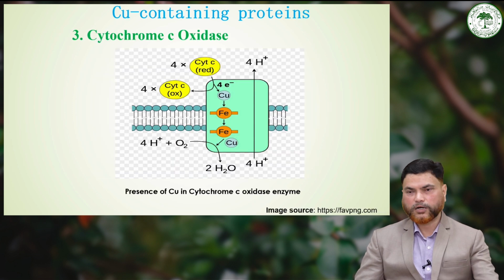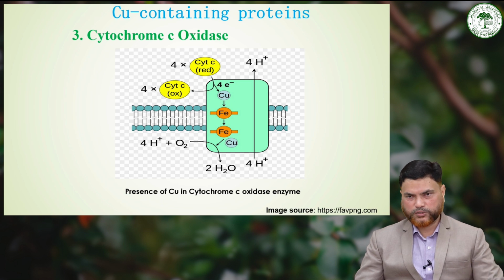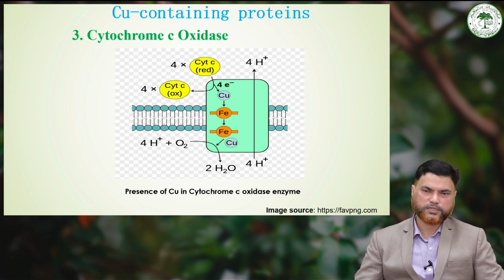Now, another copper containing protein is cytochrome C oxidase. We have discussed it in detail. This cytochrome C oxidase is a large integral membrane protein encoded in the mitochondrial genome, involved as the terminal oxidase of the mitochondrial electron transport chain, and expressed in the mitochondrial inner membrane.